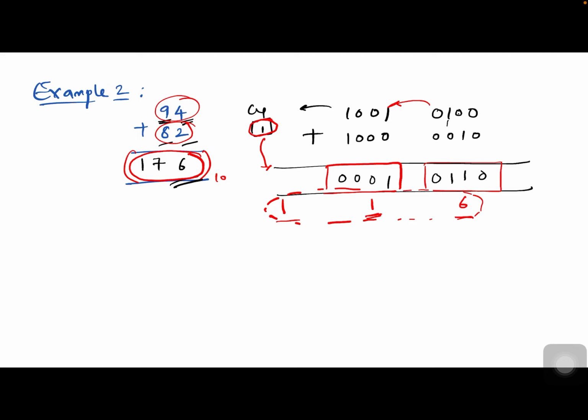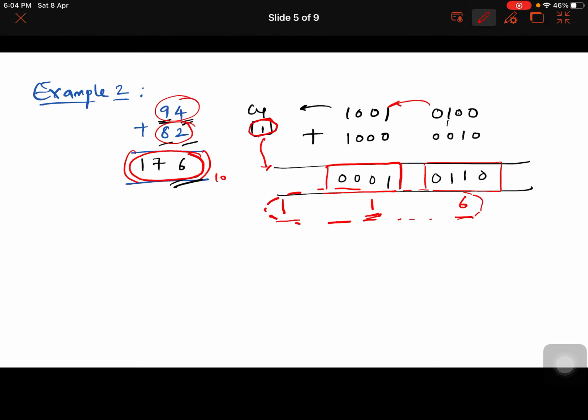Since the result is not matching, and since my carry is equal to 1, according to DAA instruction, what we do, we add D4 to D7 with 6. So I'm going to add 6 here, right? I'm going to add obviously nothing over here. So what happens? 0110 remains as it is.